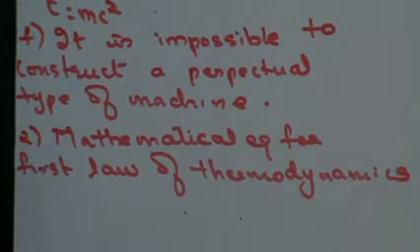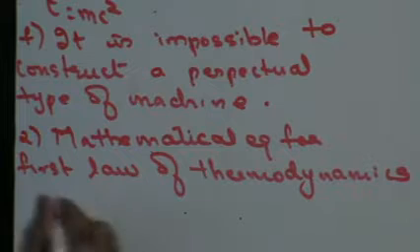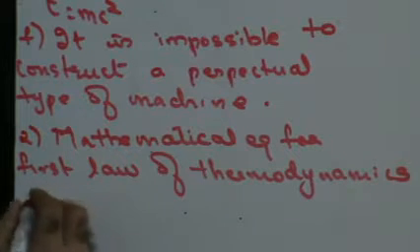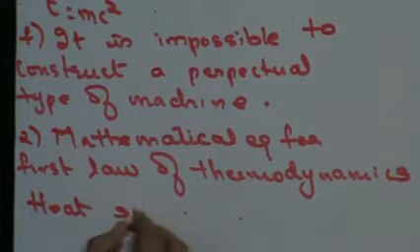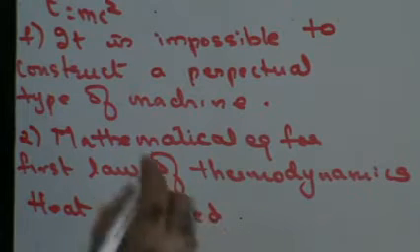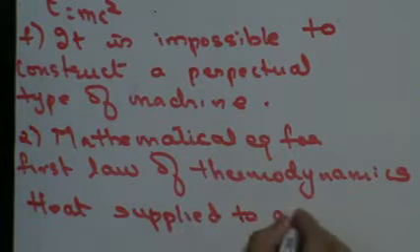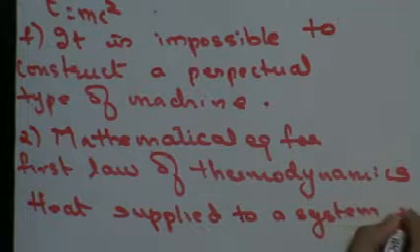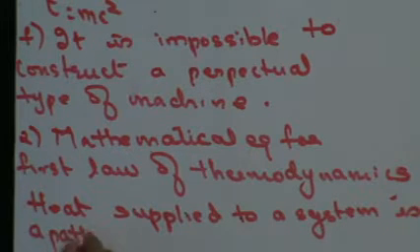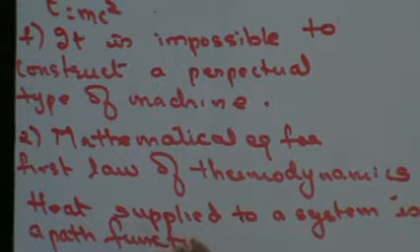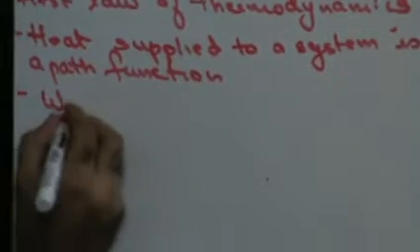Now, heat, as we already know, is nothing but a path function. So work done by a system is also a path function. Hence, I can say that the difference between the two path functions is the state function. Heat supplied to a system is a path function.